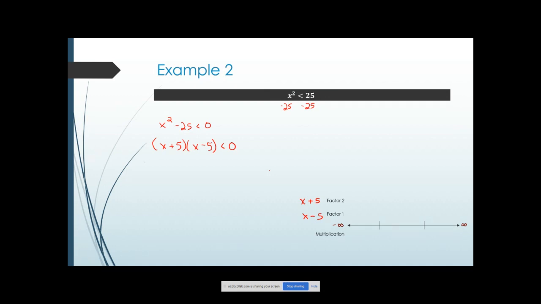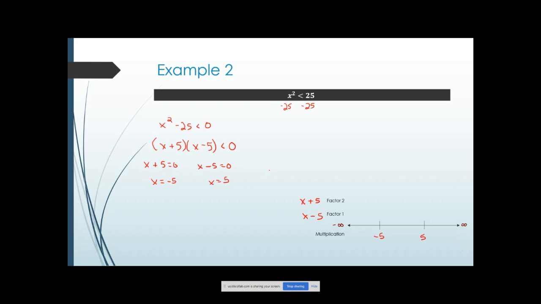Now I find where each of those is equal to 0. And so I have x plus 5 equals 0, x minus 5 equals 0. That gives me negative 5 and 5. So I'm going to label those on my number line.